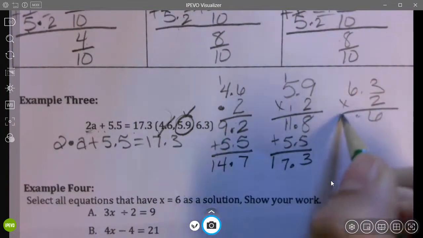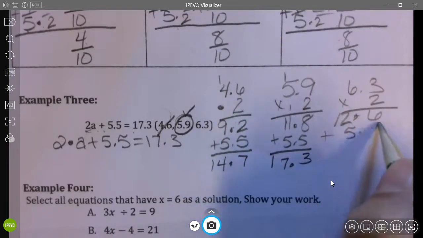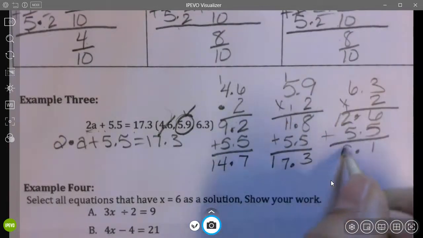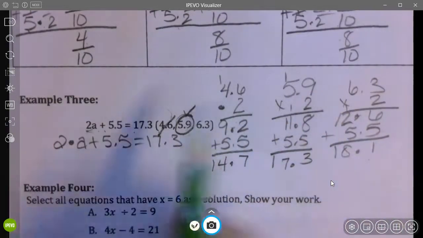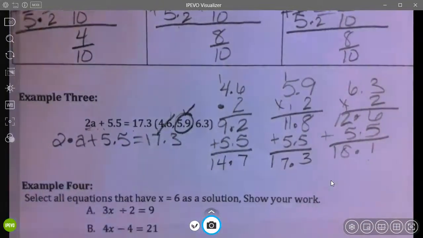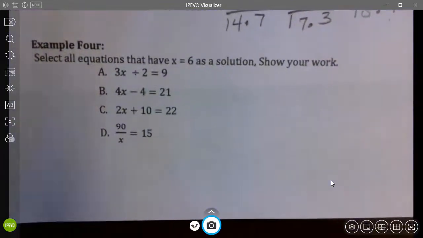So I have 6 and then 12. Keep my decimal. And then I'm adding 5.5. Add them together. 7, 8, 18.1 is not 17.3. So yes, I did my math right. My solution is 5.9. Example 4.